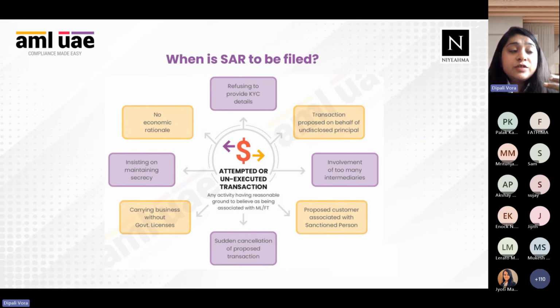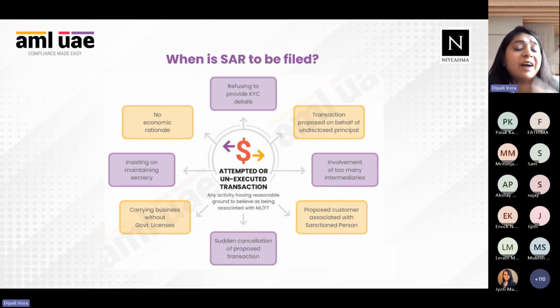There are also certain other cases where customers insist that you keep the transactions off records. They say not to put it in records, don't give me any documentary evidence, it's okay, give me cash, etc. If they ask for that kind of favor, that is also something which should be reported.